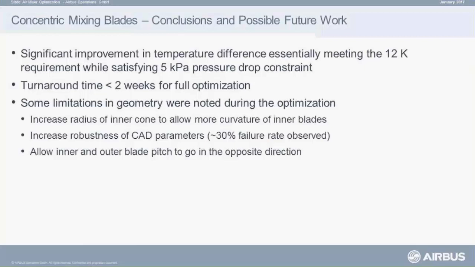Then you will not even start with a simulation, because the creation of the model itself has failed. So in this investigation, there were 30%. And there might also be a possibility to change the direction of the plates to get even better results, but that was not investigated in that case.